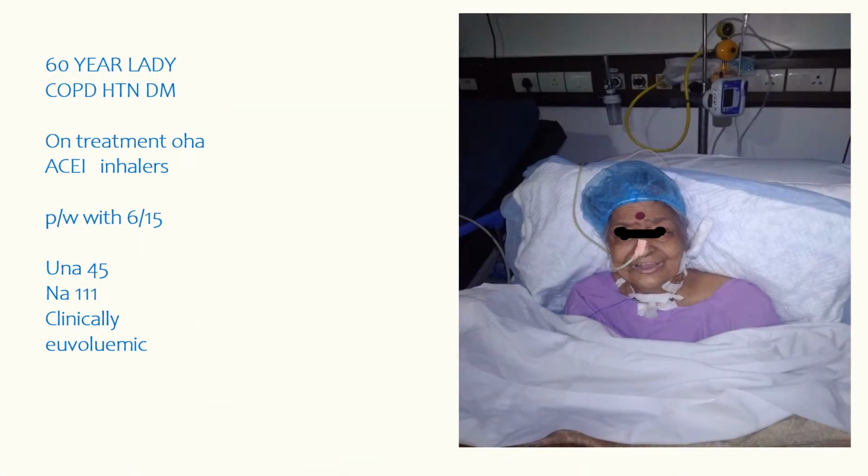Now this lady has again come with hyponatremia with a low GCS, and she is hypertensive, right? So what is the cause here? Possibly it is thiazides. Elderly ladies who are hypertensive on medication often develop hyponatremia because of thiazides.